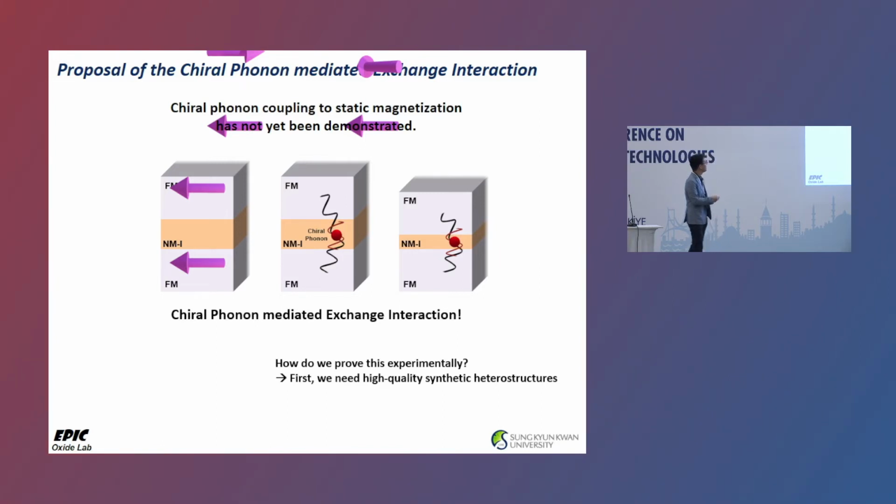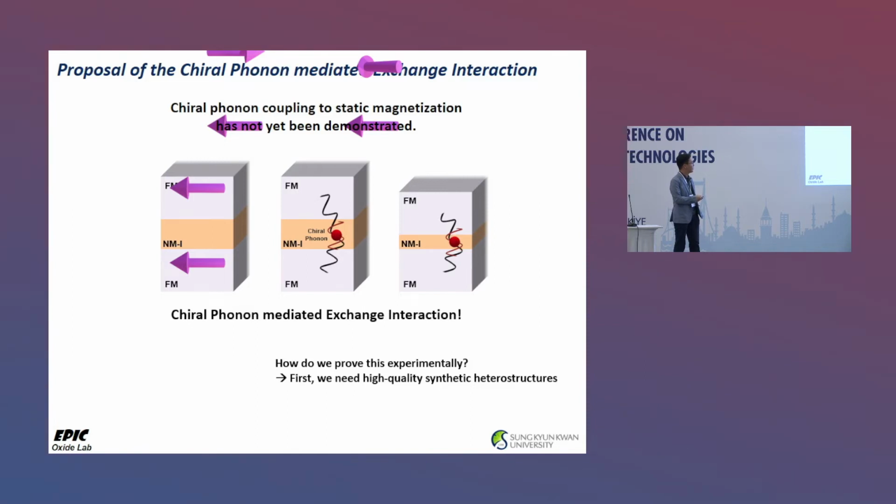These arrows should be here, basically. So we have this system: a ferromagnetic metallic layer and a non-magnetic insulating layer. The non-magnetic insulating layer is sandwiched by the ferromagnetic layers, and we want to see any crosstalk between the ferromagnetic layers.